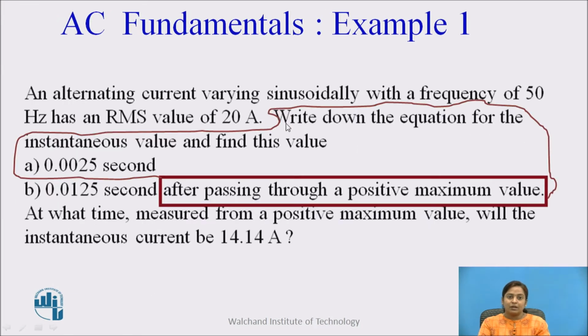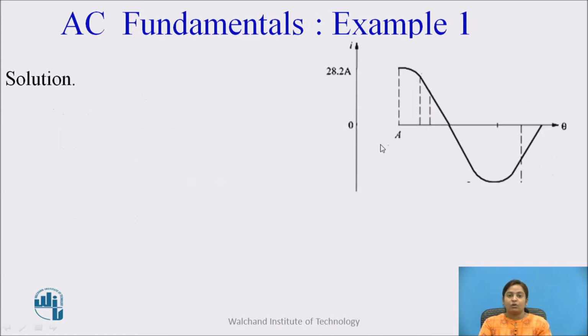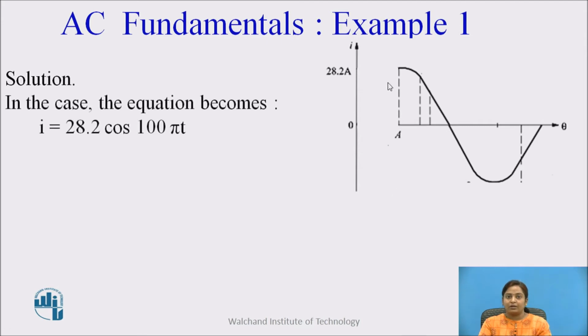Here, we have to write down the equation for the instantaneous value and find that instantaneous value at 0.0025 second after passing through a positive maximum value. After passing through the positive maximum value, we can write this equation. This signal's positive maximum value is here, so we have to write the equation after this point, after point A. What is the shape of this signal here?